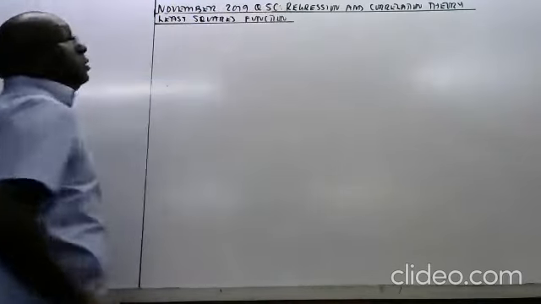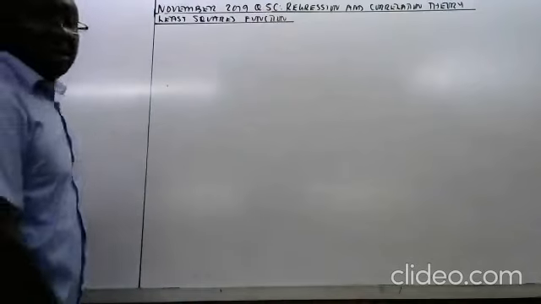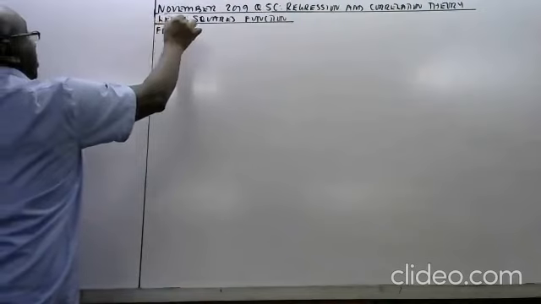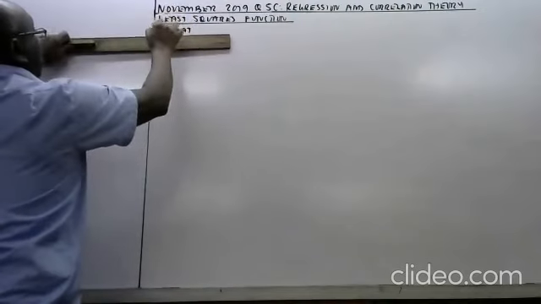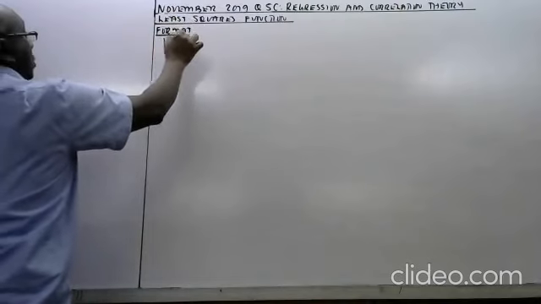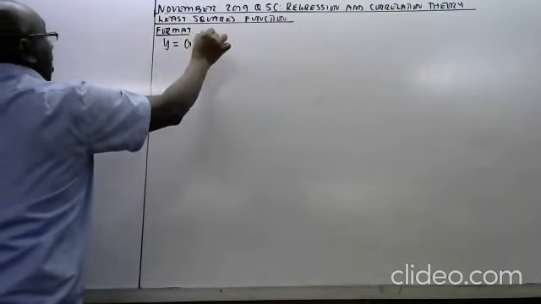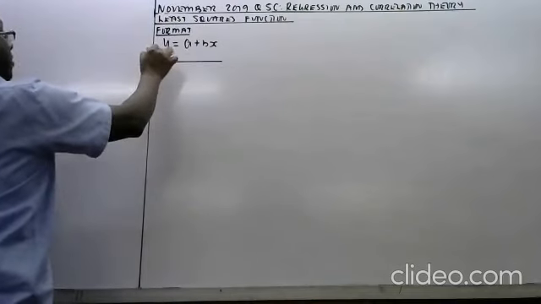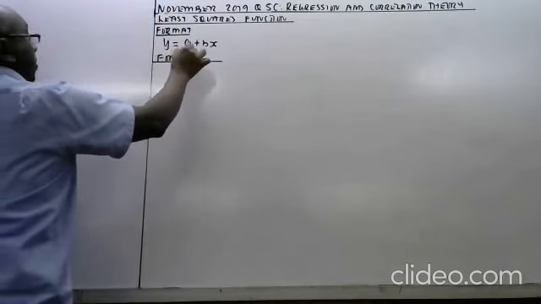So I told you in dealing with this one, the first thing is to give us the format. You tell us the format is y equals a plus bx. Then from there, you tell us the formula.